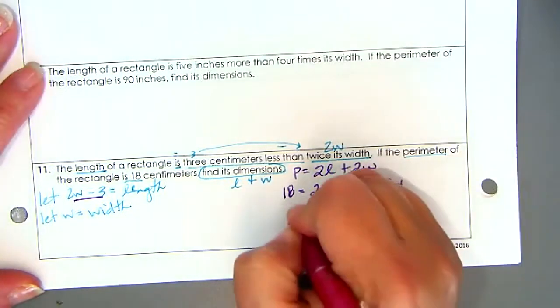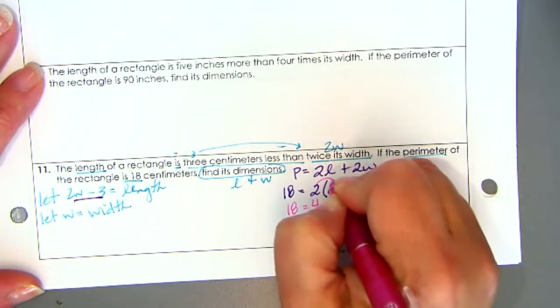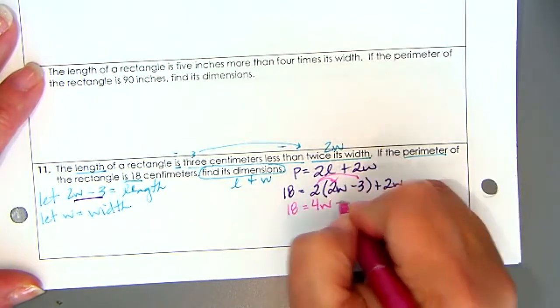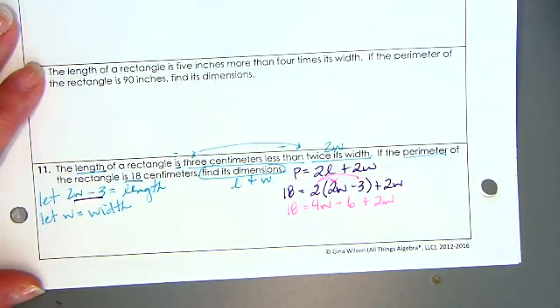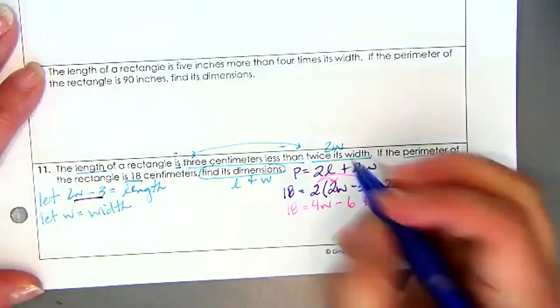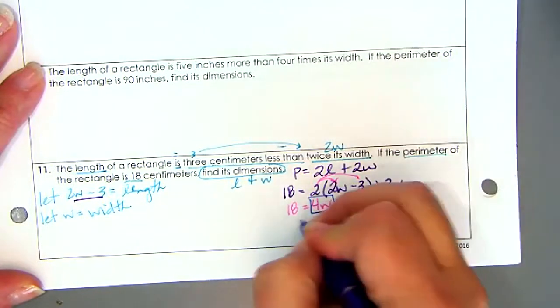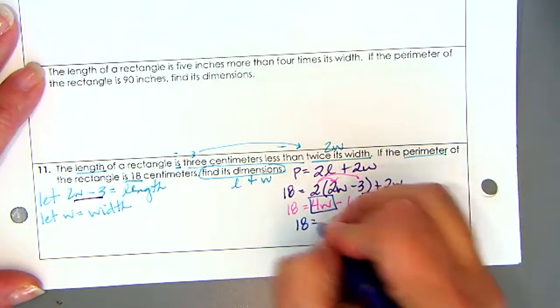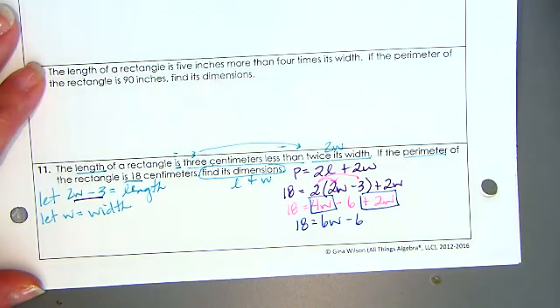So I'm going to have 18 equals 4W minus 6 plus 2W. Combine my like terms, and I have 18 equals 6W minus 6.